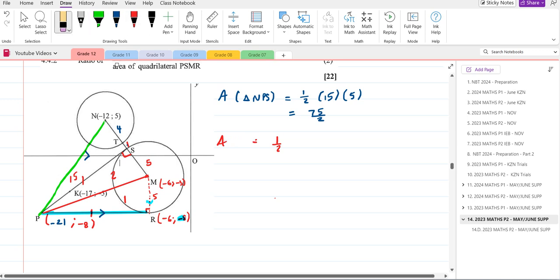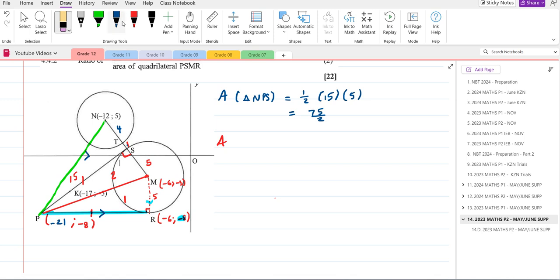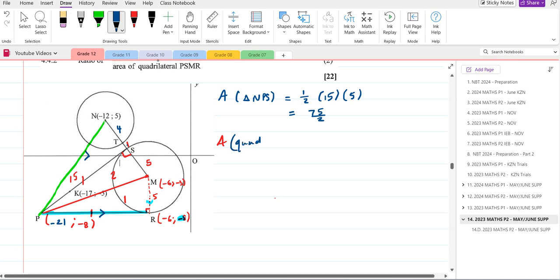Right, so let's work this out. Area of the quadrilateral, not the triangle, quad. So now we're trying to find the area of the quad PSMR.